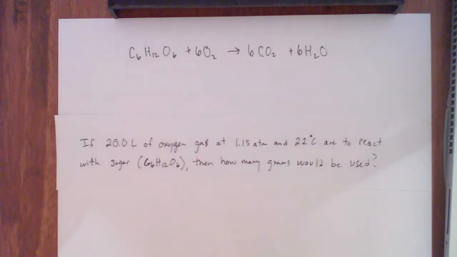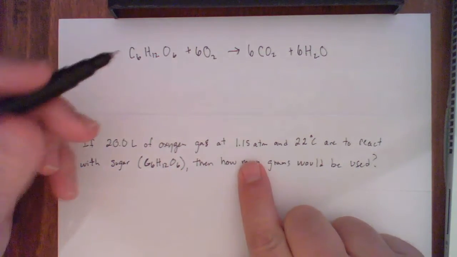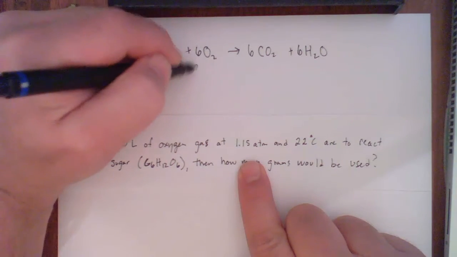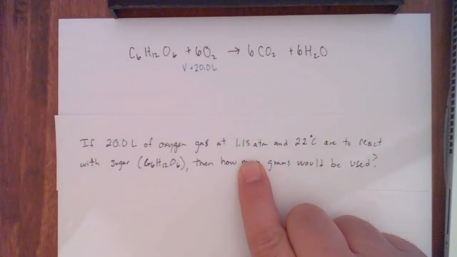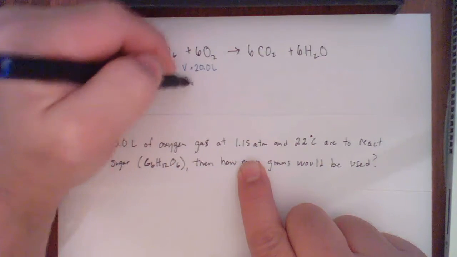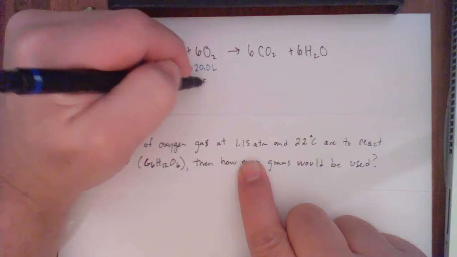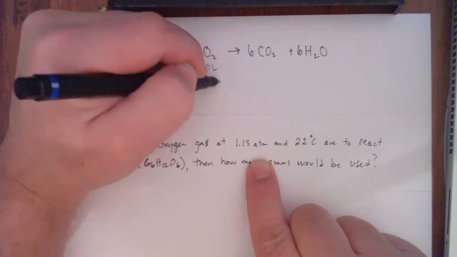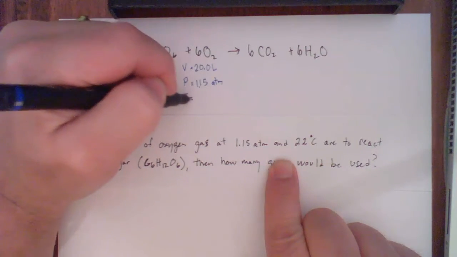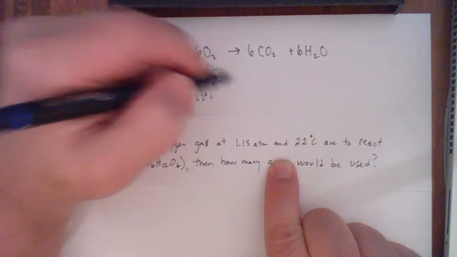Now again, I like to list out all of my information that I know. So I know that I've got, of my oxygen, 20 liters. So I know the volume. And we know that it is at a pressure of 1.15 atm, and a temperature of 22 degrees Celsius.